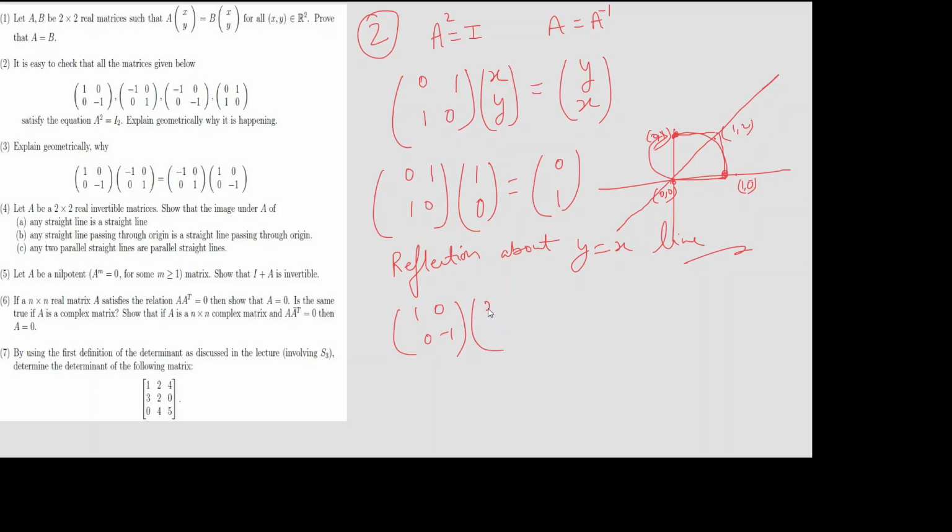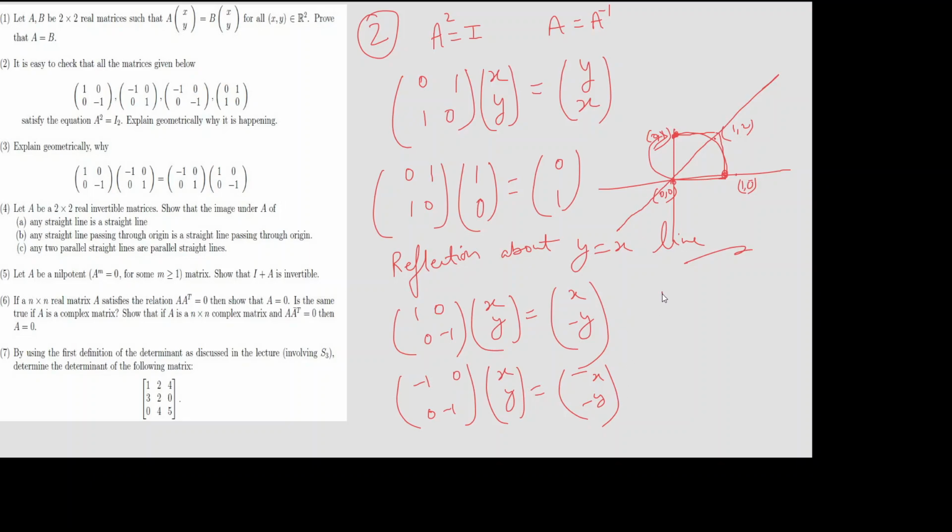What will happen to (x, y)? This (x, y) will be transformed to (x, -y). The same goes for [-1 0; 0 -1], where (x, y) will be transformed to (-x, -y). So we have the line y is equal to -x, and also the line y is equal to x.